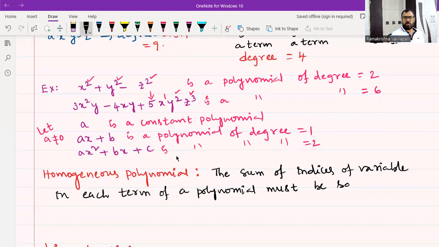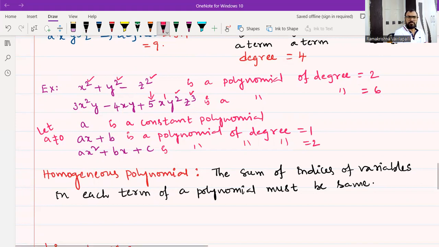Then it is called a homogeneous polynomial. So a homogeneous polynomial means the sum of indices of variables in each term in a polynomial must be the same.